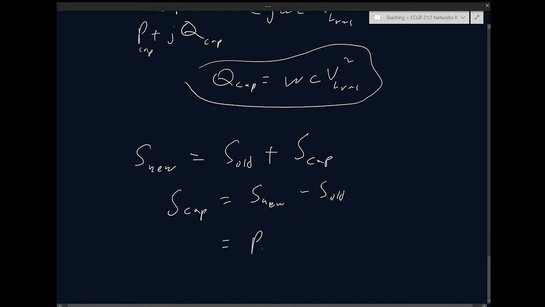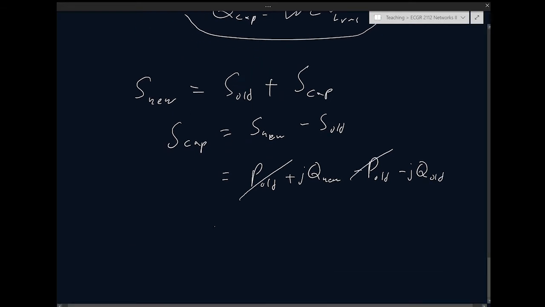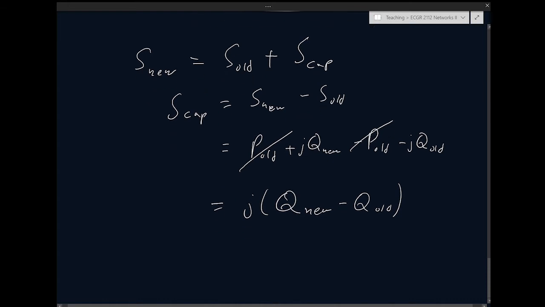But S new is P old plus j Q new, and S old is P old plus j Q old. This cancels with this because P is not changing, so I end up with j Q new minus Q old, which is what? This is Q cap, right?